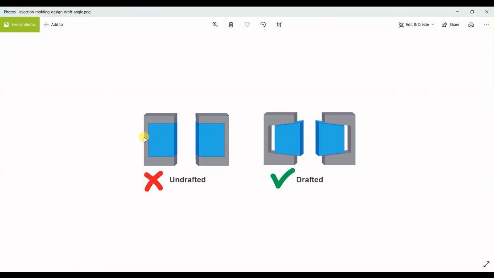Imagine we are trying to eject this component, which we are assuming to be a completed or modeled component which has to be removed after cooling down. When we are initiating the process of ejecting, there are high chances of damaging the mold or the part. Damaging the part is well and good.